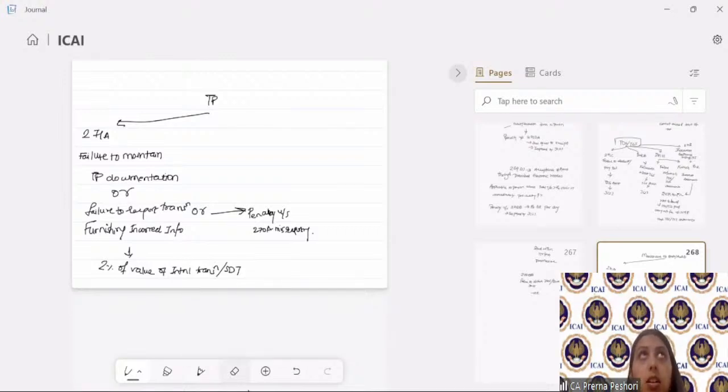Is that clear? Now you remember? So in addition to that, there will be a penalty of misreporting if you fail to report the international transaction. Clear?